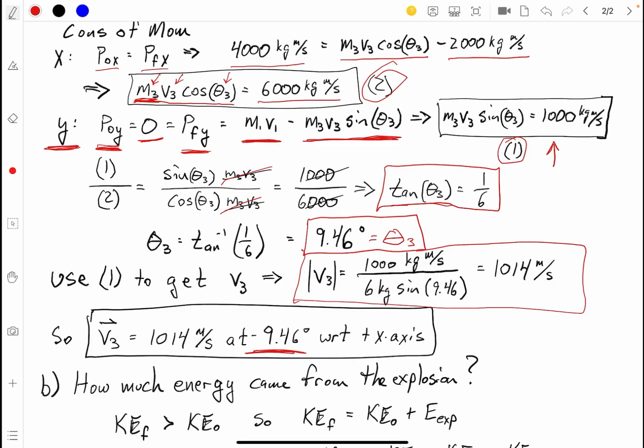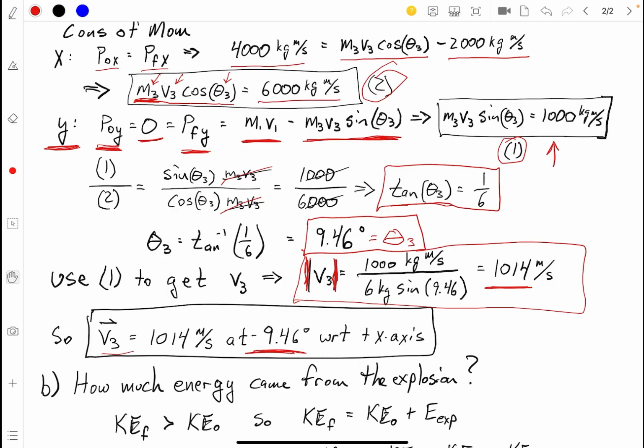The sign of the angle, I'm taking the positive because I don't care. I want the absolute value of this thing. I just want the magnitude, whatever direction it's going. So that gives me the absolute magnitude. So now V3 is 1,014 meters per second at minus 9.46 degrees with respect to the positive x-axis. Cool. Done. We solved it.